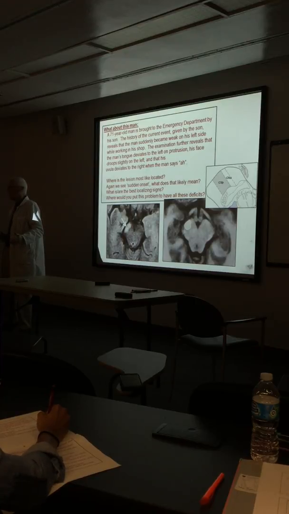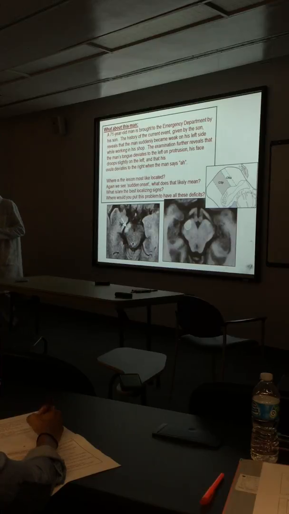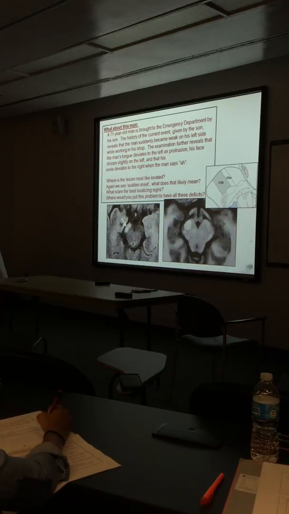Everybody with me? So when you stick your tongue out, the tongue does not stick straight out because it has a weak side on voluntary movement, on protrusion. So you try to stick it out and it will deviate to the weak side. It's the same relationship for facial motor neurons.